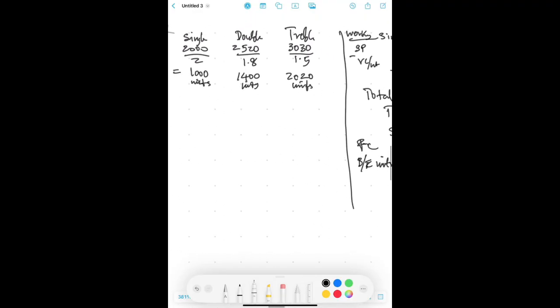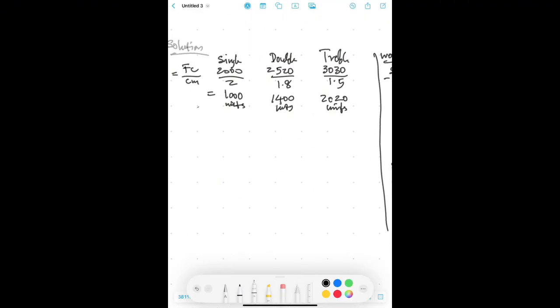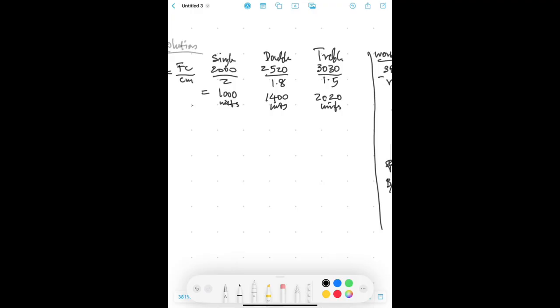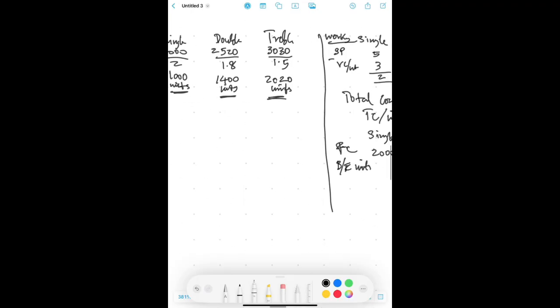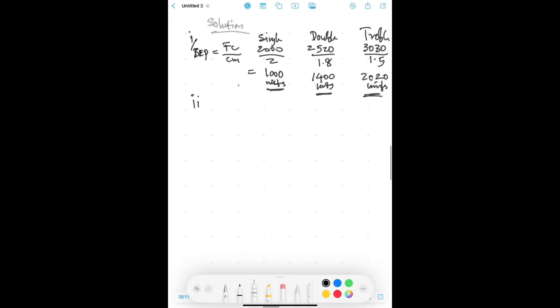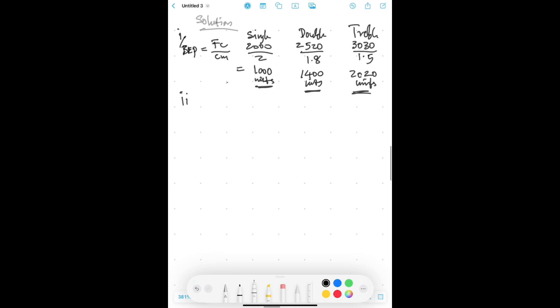Remember the workings we did already? The break-even units are already given here: for single, 1,000 units, double 1,400 units. So we can even do the working straight here, there's no point separating it. So let's write: total cost per unit at break-even.